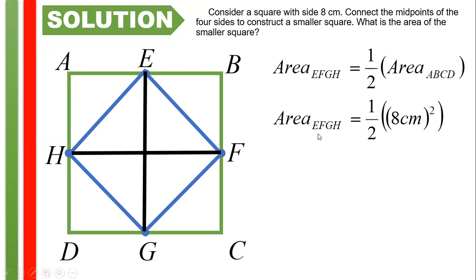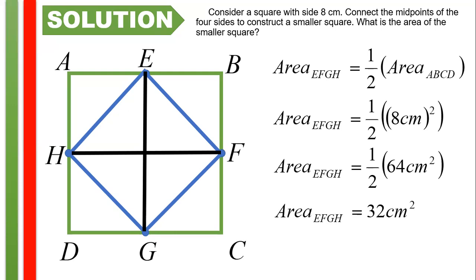Hence, the area of EFGH is equal to 1/2 the square of 8 centimeters. And 8 centimeters squared, that's 8 cm times 8 cm, that's 64 centimeters squared. And 1/2 of 64 centimeters squared is 32 centimeters squared.